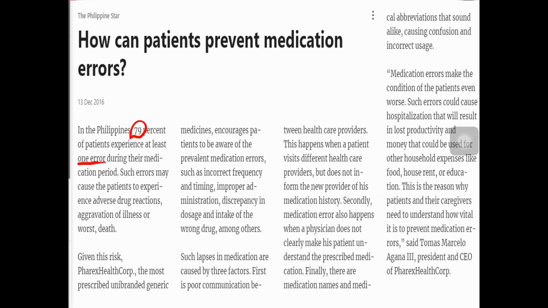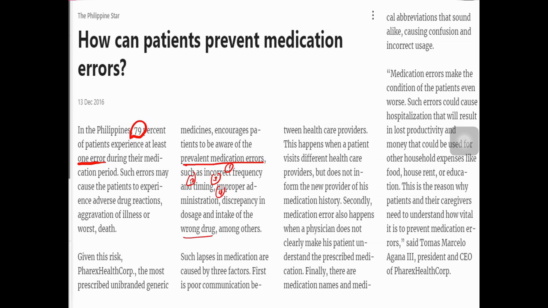So as you can see here, patients should be aware of the prevalence of medication errors, such as the usual errors that we encounter. First, we have frequency and timing, improper administration of medication, discrepancy in the dosage, and intake of the wrong drug, among others. Let me just give you examples of these types of errors.